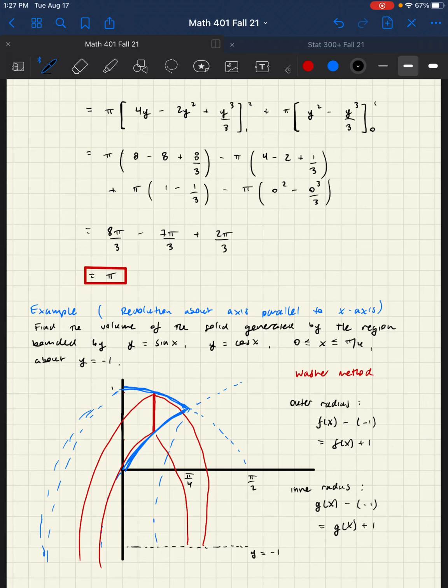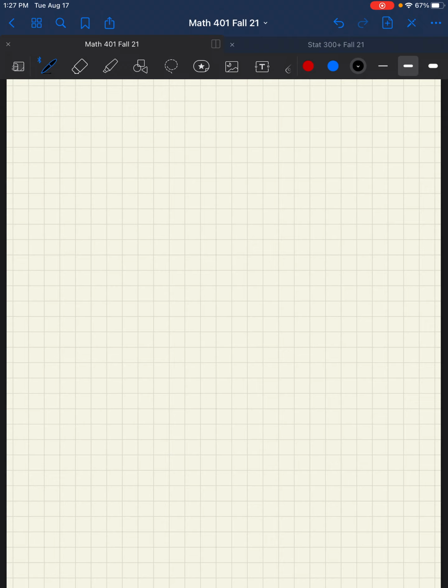All of this is to say that for the infinitesimal thin slice, in the most general aspect, our dV calculation is pi times capital R squared minus little r squared times dx.